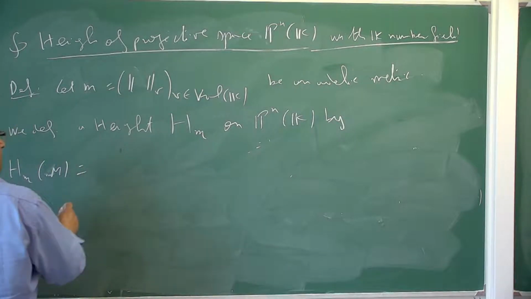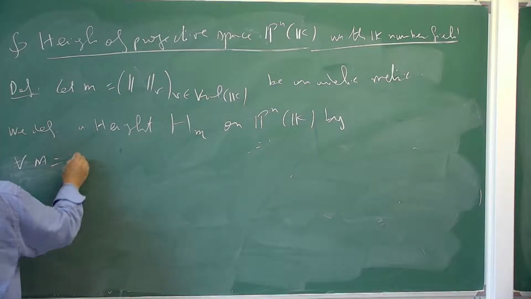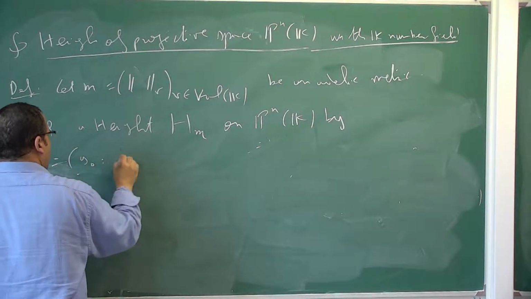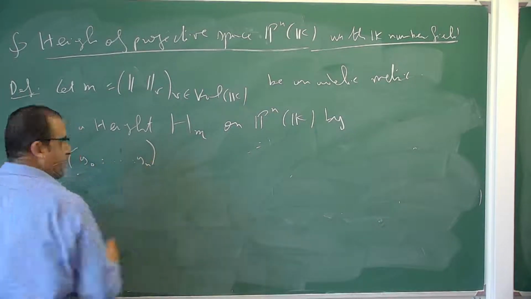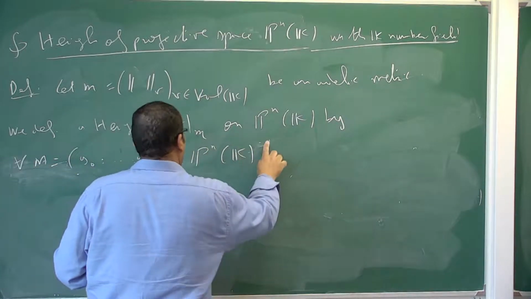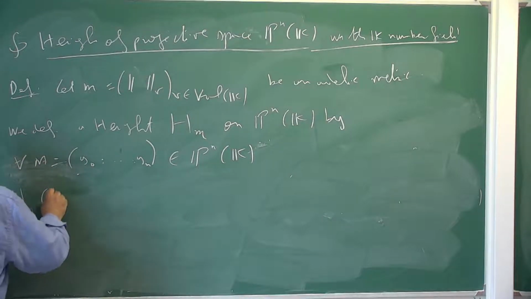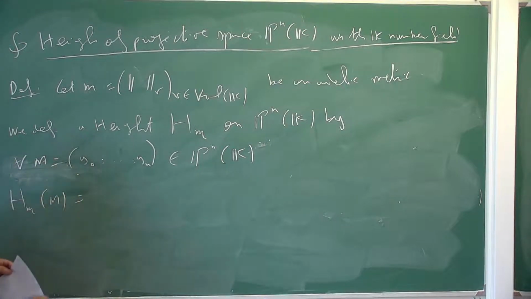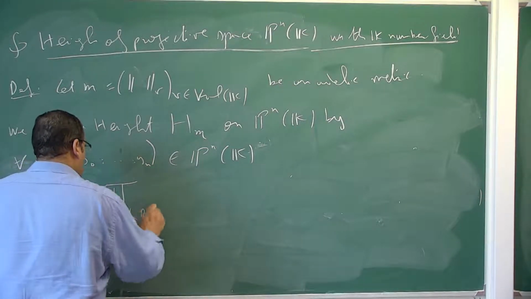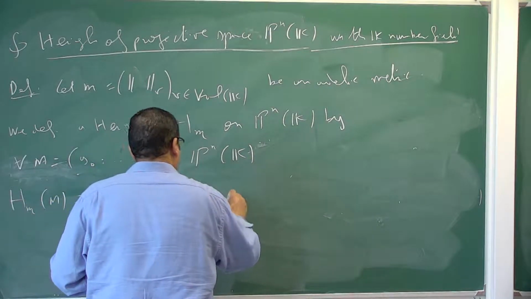For any projective point, here I use homogeneous coordinates, we define the height of this point as the product on all valuations of the norm of the point.